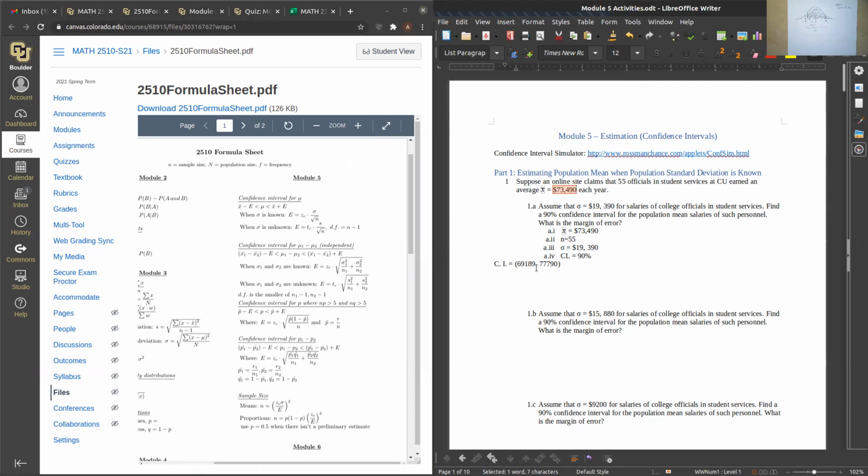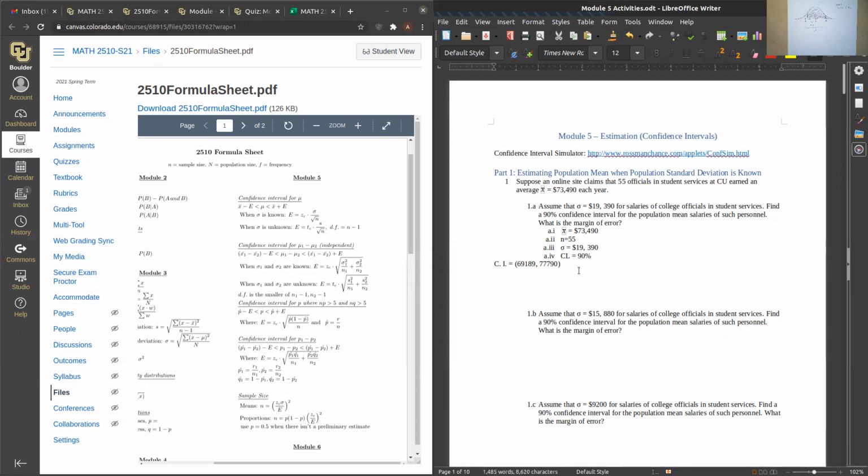And what is the error? The error is the distance above and below our sample mean. So there's three different ways we can compute the error if we're given the confidence interval. We can either take the width of the confidence interval and divide it by 2, or we can take the middle value, which is our sample mean, and subtract off the low value.